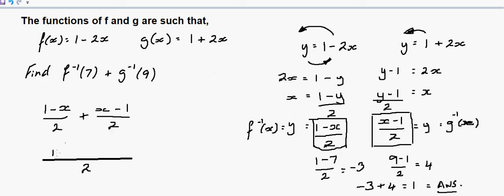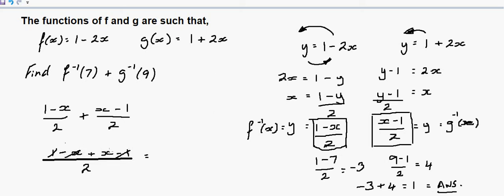So we have 1 minus x plus x minus 1. So 1 minus 1 is 0.